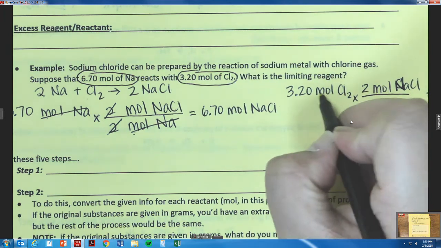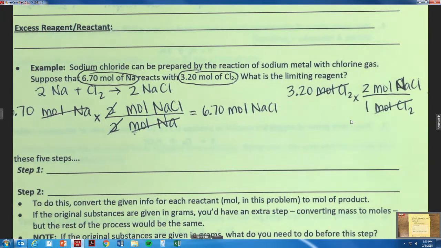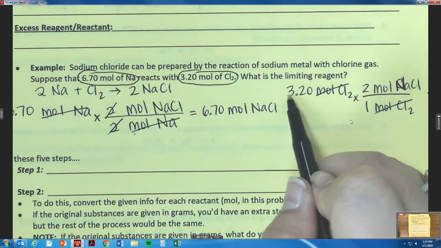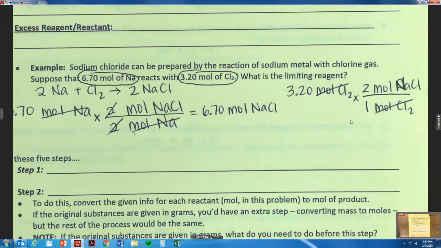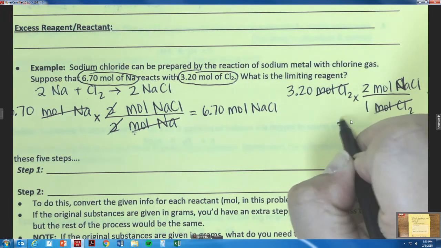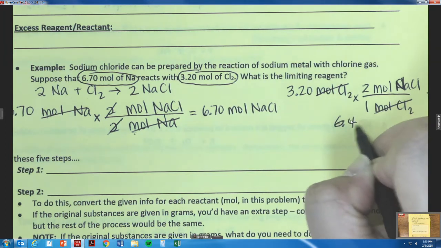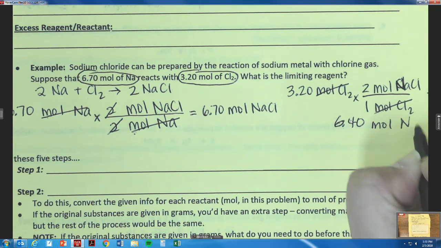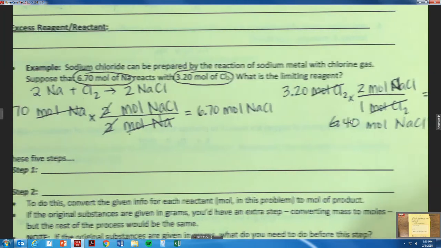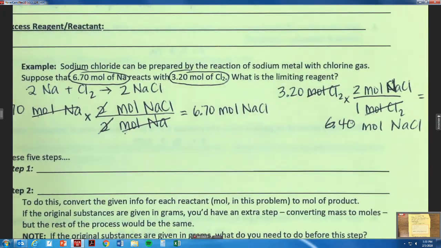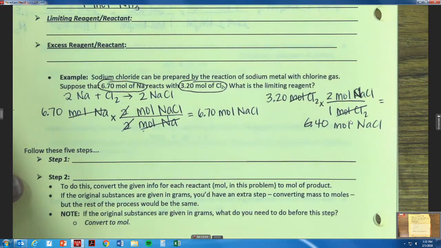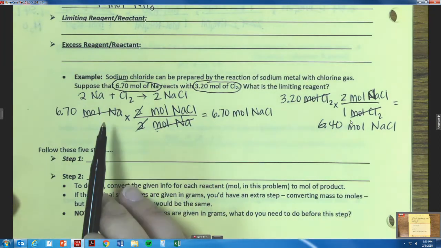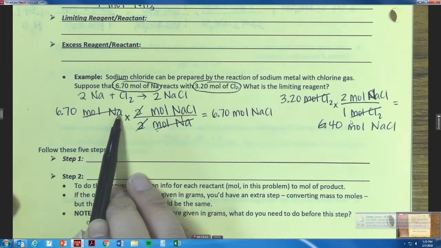So moles of chlorine cancels out moles of chlorine, and I'm left with 3.2 times 2, which is 6.40 moles of NaCl.